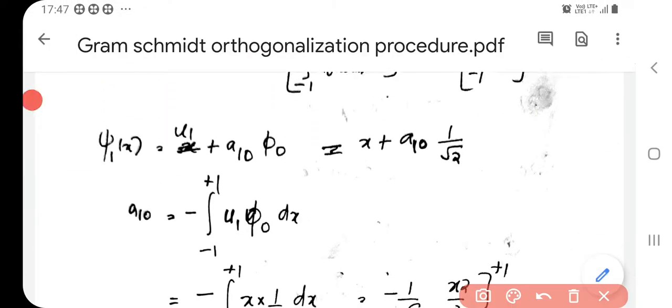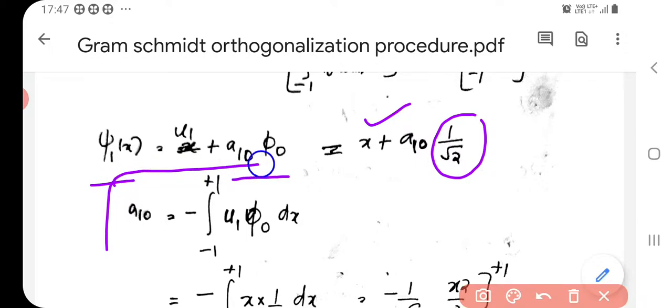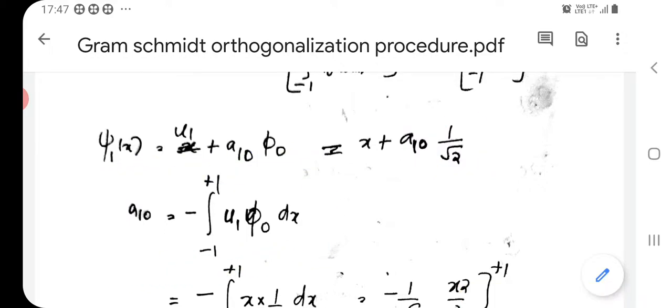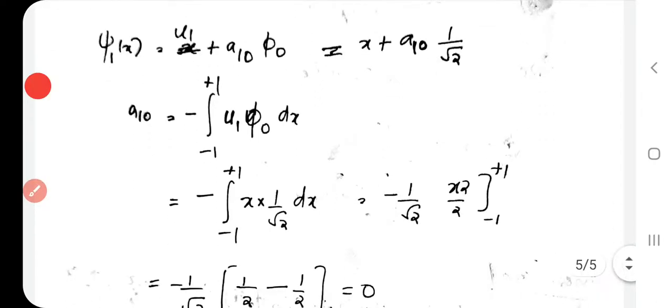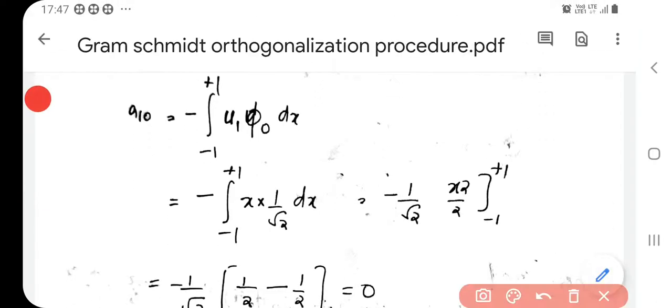Then psi 1 of x is u1 plus a10 phi 0. u1 is x, phi 0 we have got as 1 by root 2, and a10 is minus the integral from minus 1 to plus 1 of u1 phi 0 dx. Okay, and u1 is x, phi 0 is 1 by root 2. So this is minus 1 by root 2, x square by 2, limits minus 1 to plus 1.